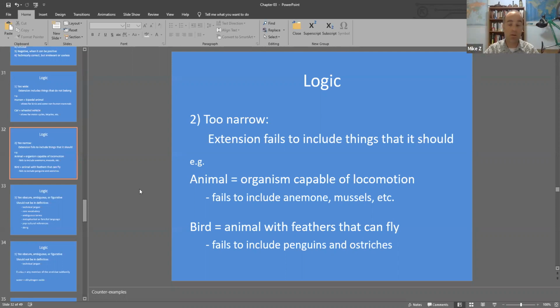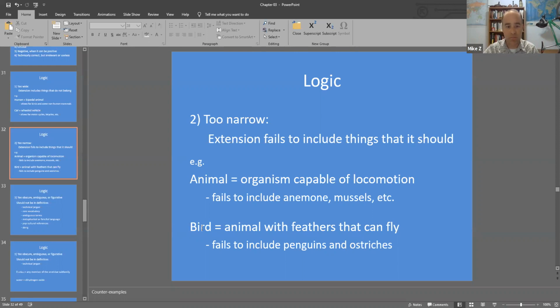So you say, it's an organism, a living thing that's capable of locomotion. Okay, but it turns out that there are some animals like sea anemones and shellfish like mussels that can't locomote. They can't move around in that way. And so this is too narrow. It's excluding things from the category animal that should be included because they are in fact animals.